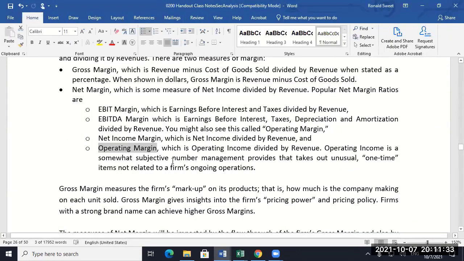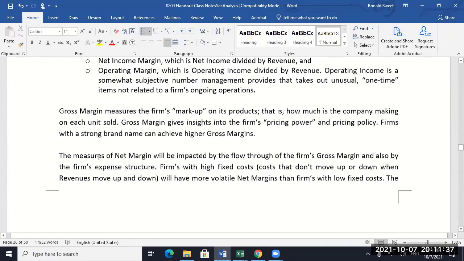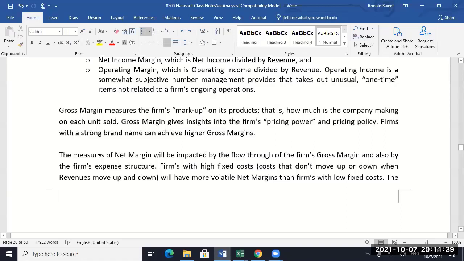Sorry. So either one of these, I'm using EBIT. So the gross margin has to do with pricing policy, your markup. Here's where that brand identity comes in. Firms with strong brand identity will have good gross margins. Firms with weak brand identity are going to have very thin, razor thin margins.